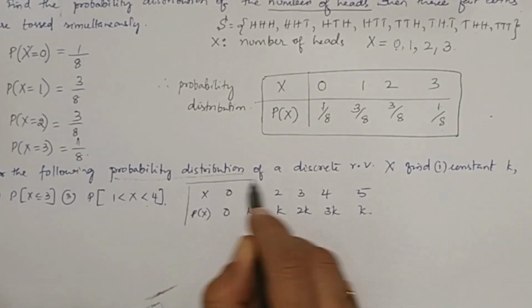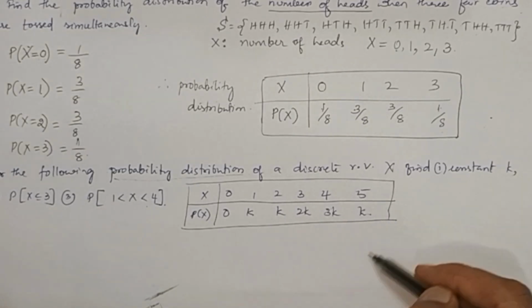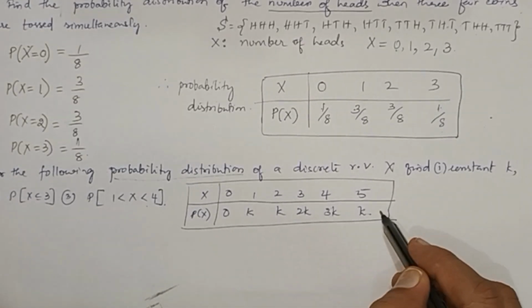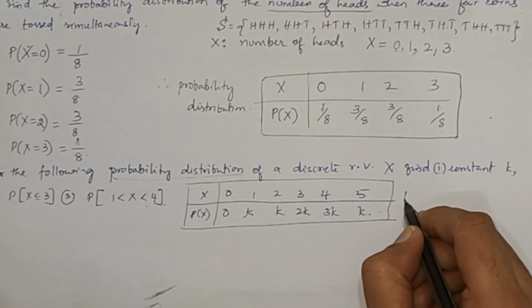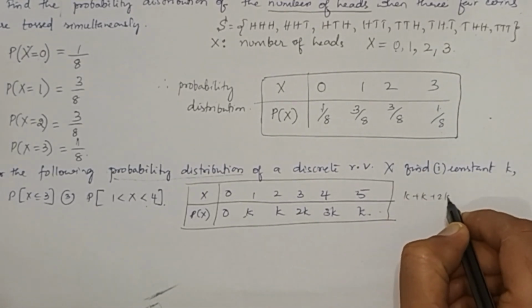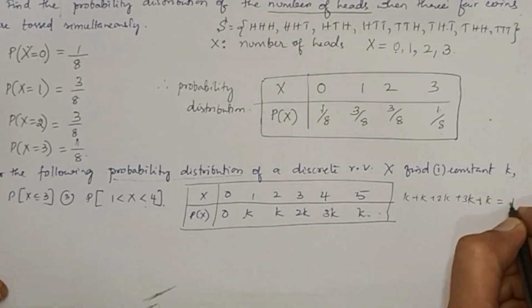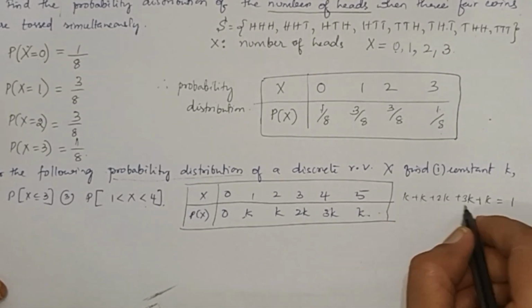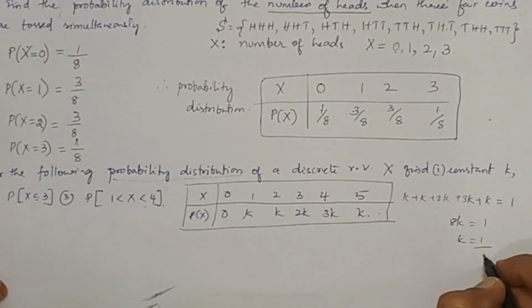So, if it is the probability distribution of a random variable, then it satisfies those two conditions: each value positive and the sum of all probabilities is equal to 1. So add all this: k plus 2k plus 3k plus k, that must be equal to 1. This is 8k equal to 1, k equal to 1 by 8.